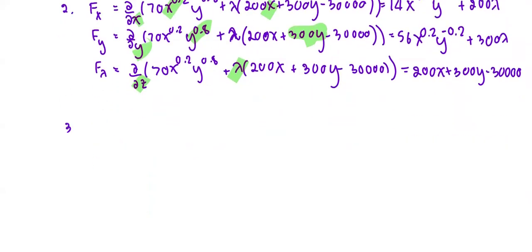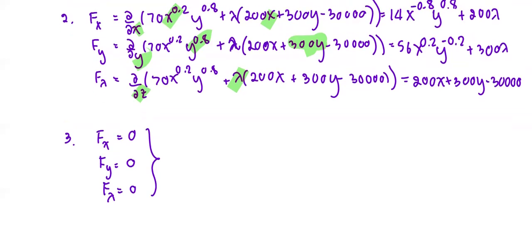And in step 3, we are going to solve the system of equations containing the first order partial derivative with respect to x equals 0, partial derivative with respect to y equals 0, and the partial derivative with respect to lambda equals 0 simultaneously. We get 14, writing the negative power as a positive power by putting it in the denominator, plus 200 lambda equals 0.